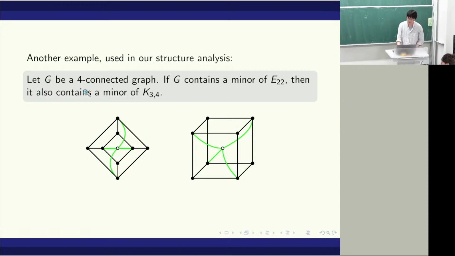We consider G 4-connected, and what happens if it has E22, then actually it must contain K34. And this graph is E22. You can also see another drawing of the same graph, which is a cube, and we add a vertex and join it to 4 independent vertices of the cube.